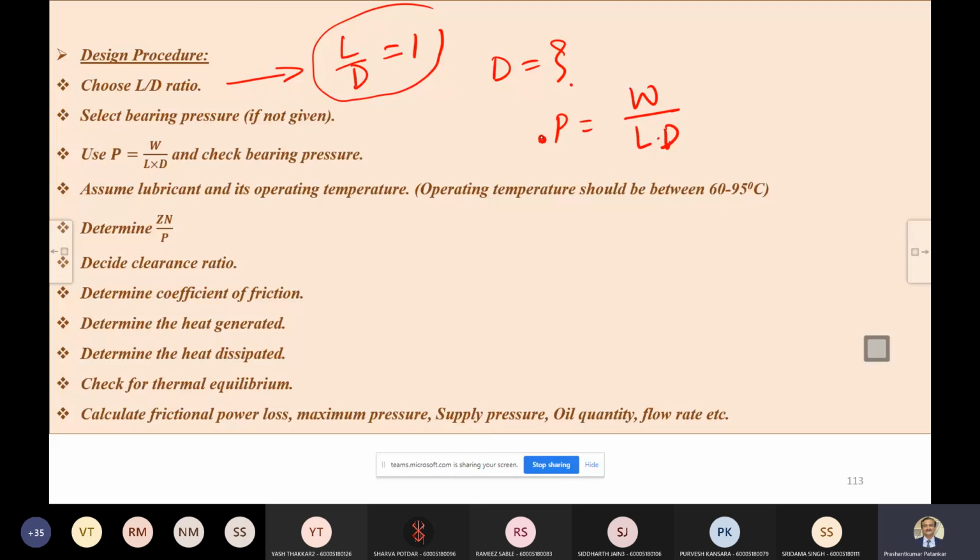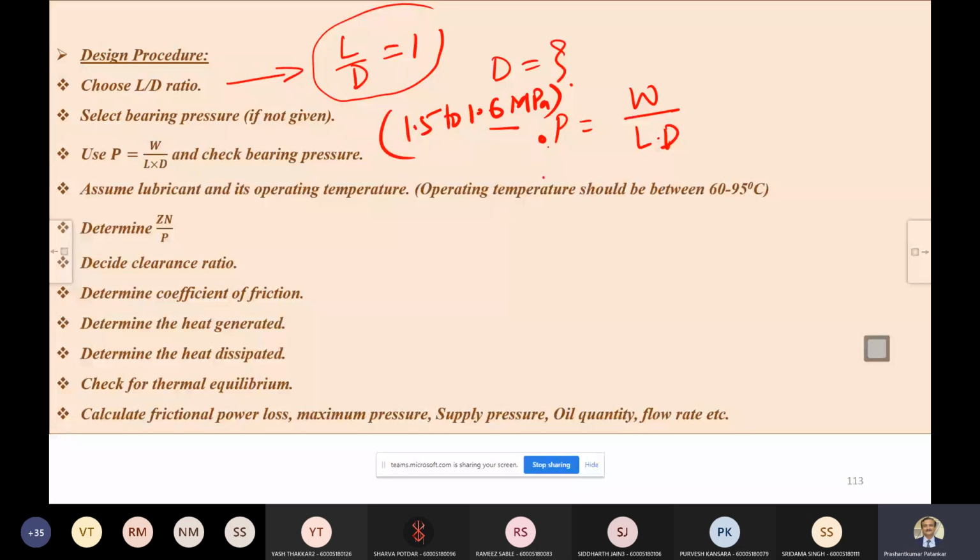If the pressure value is not given, in that case I am going to assume the pressure as 1.5 or 1.6 megapascal, between 1.5 to 1.6 megapascal. Again, you need to assume this only if the pressure is not given.